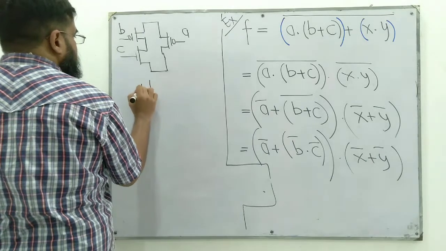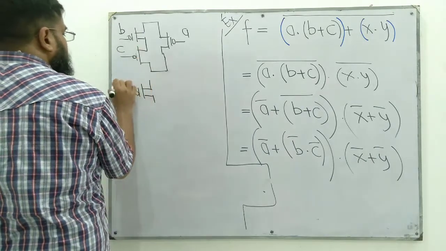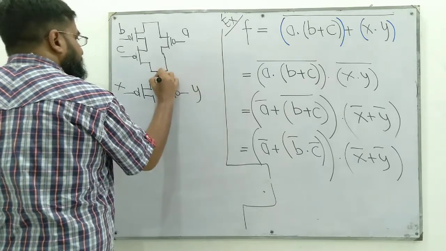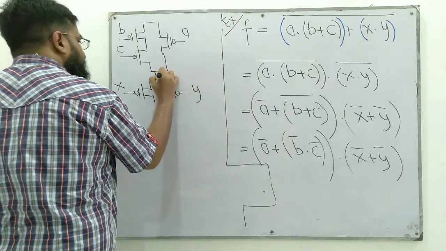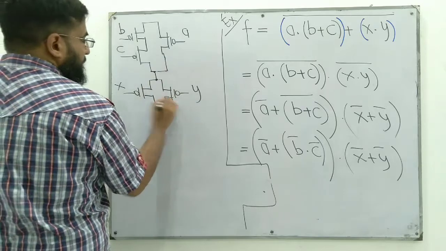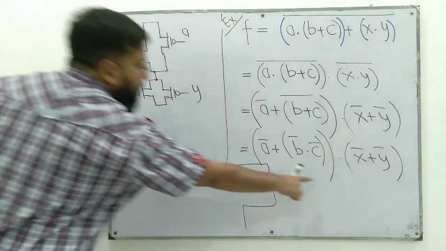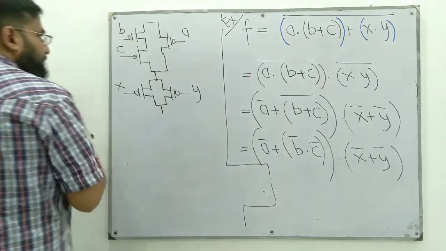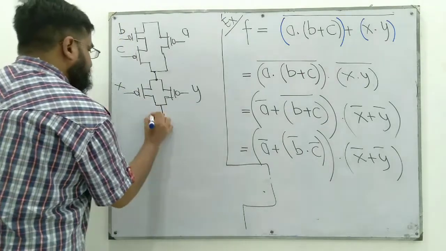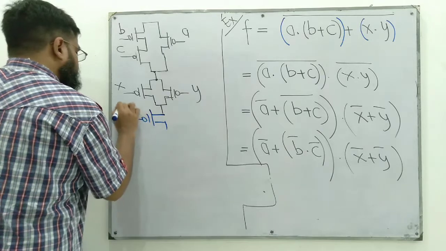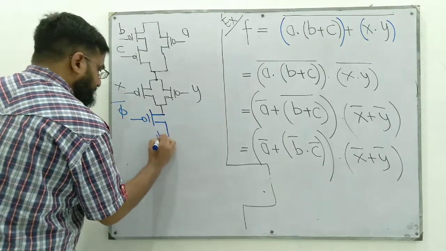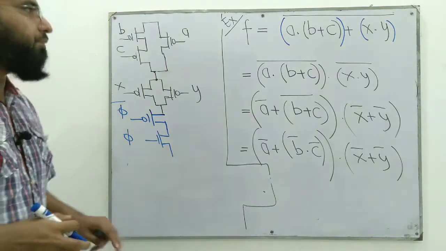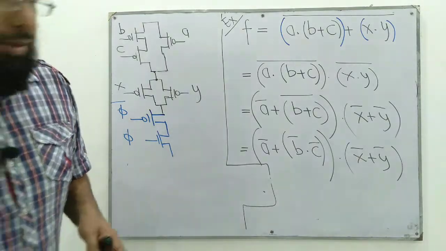So X and Y OR, and then ANDed with this whole expression. And here we'll have the clocking transistors phi bar and phi, and then beneath this we'll implement the NMOS array.